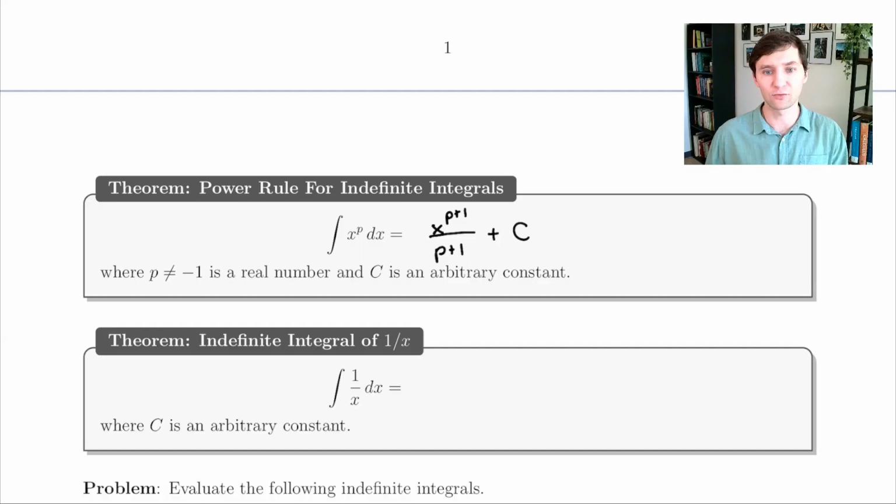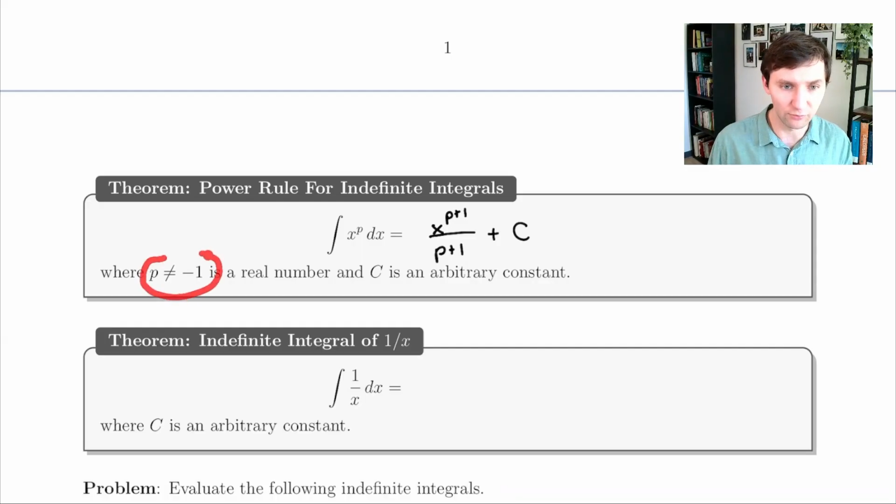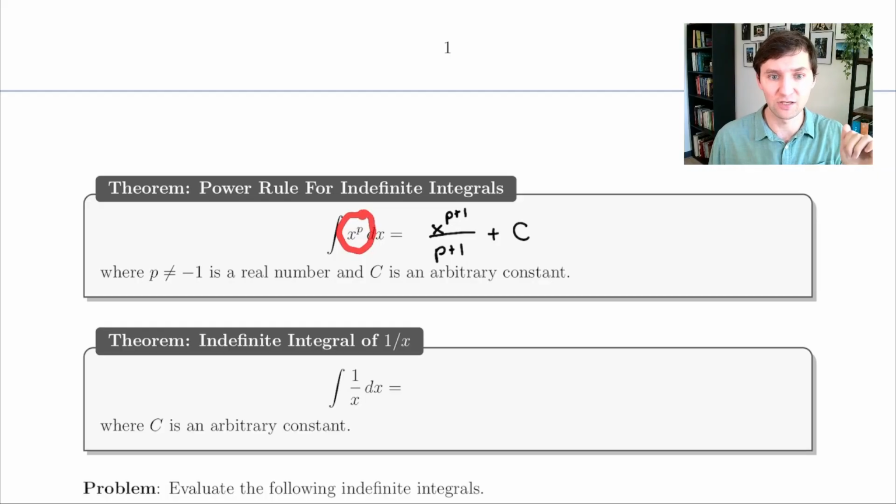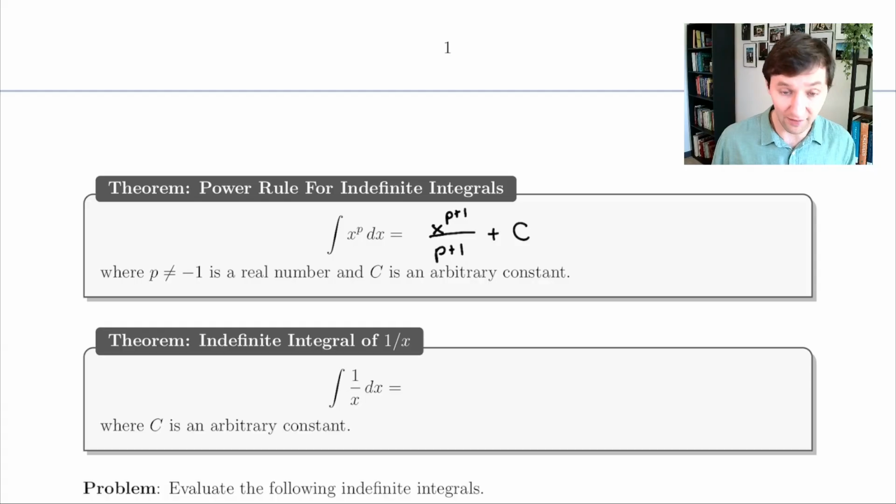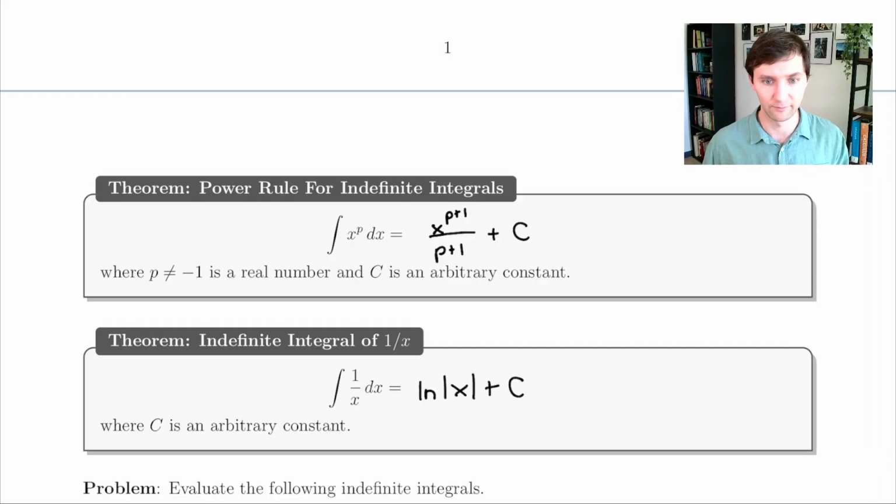And we said that this rule can be used anytime besides p equal to -1, because when p equals -1, this formula makes no sense. You cannot divide by 0. When p is -1, this expression turns into x to the power -1, which is the same thing as 1 over x. And in that case, we realized that the antiderivative, the most general antiderivative on any interval, is ln of absolute value of x plus c.